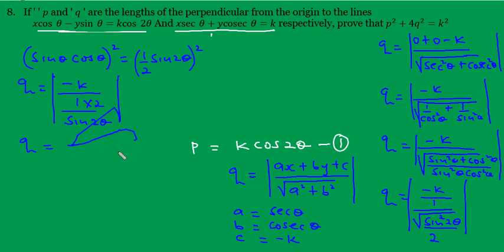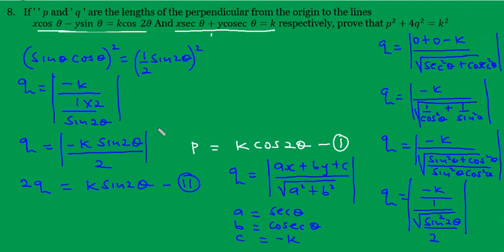So our Q here is going to be negative k sine 2 theta divided by 2, the modulus. And if we simplify and take the modulus, this negative will die. We get 2q equaling to k sine 2 theta as our second equation.